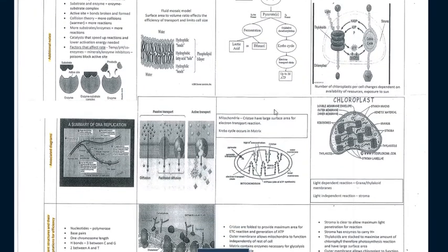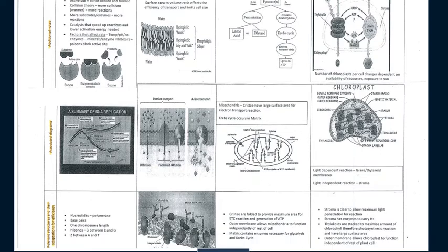So the diagram here, we can see that we have the different parts that make up the mitochondria. The cristae, we have the electron transport chain that occurs here, we have the matrix in the middle, and then we have the cytoplasm around the outside. So there are relative structures that increase the efficiency of respiration, and these are listed here.